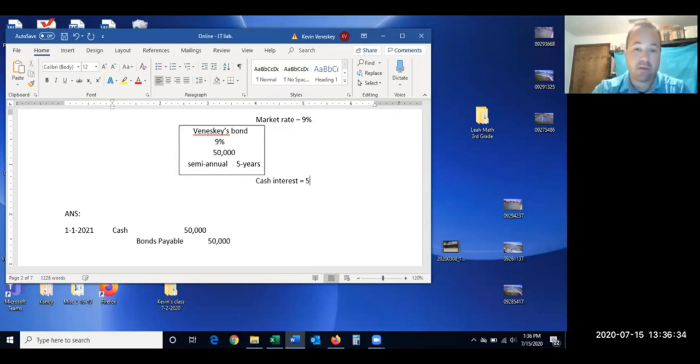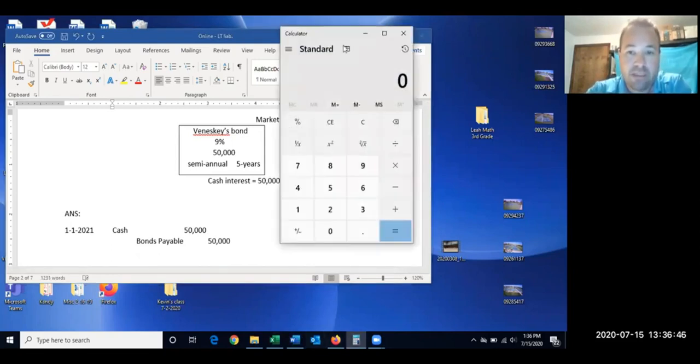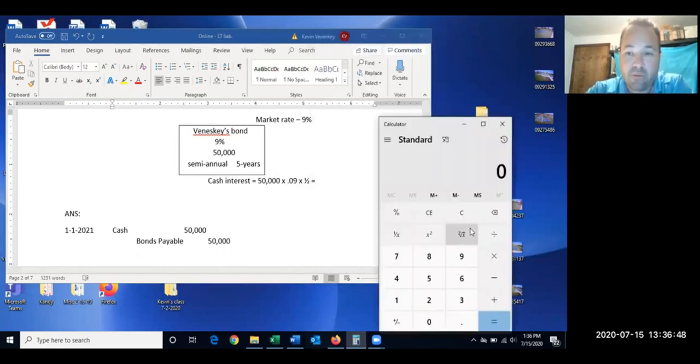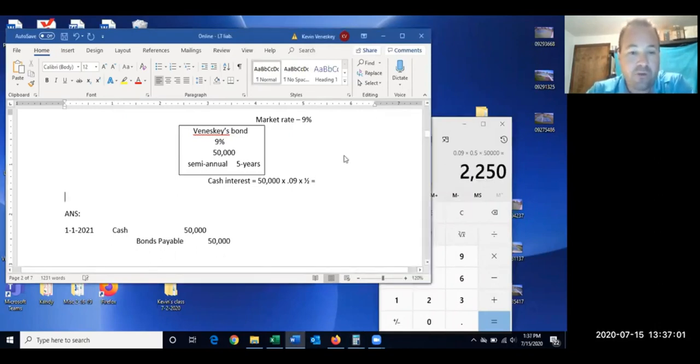So we take the 50,000 principal times 0.09 times half of a year. We can easily do that. We get the interest to be $2,250.